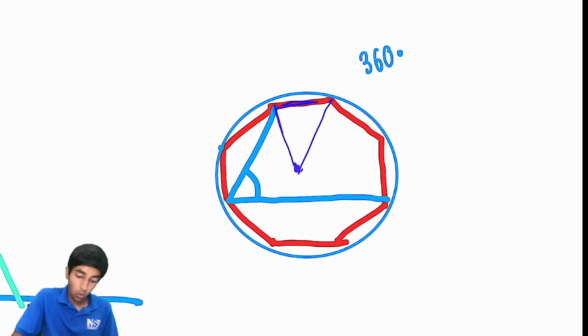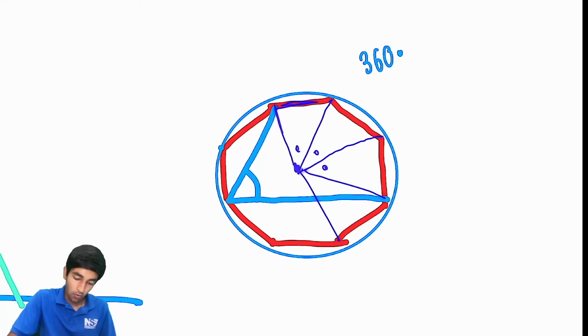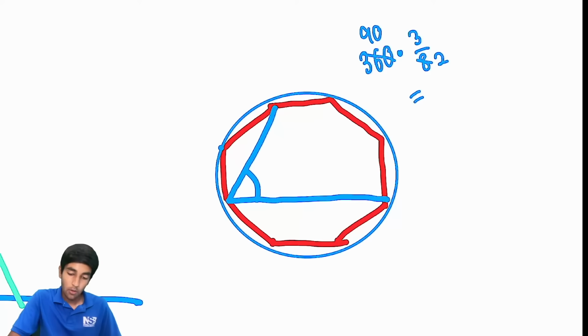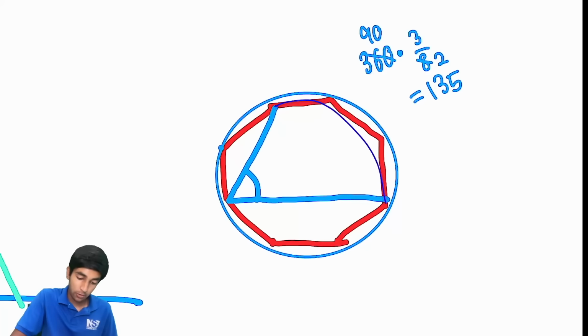When there's equal chords, which is true because it's a regular octagon, these angles are all equal for all 8 sides. So this arc is just going to be 3/8 of 360, which is 135. So this angle is half of that, 135 by 2.